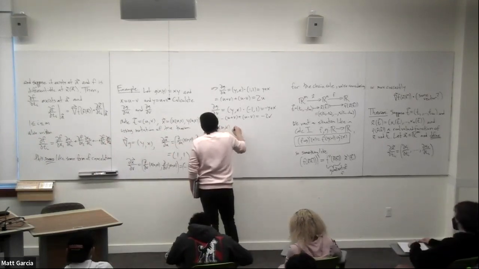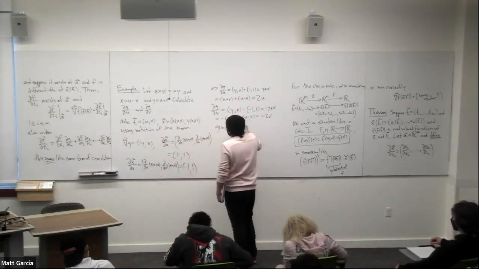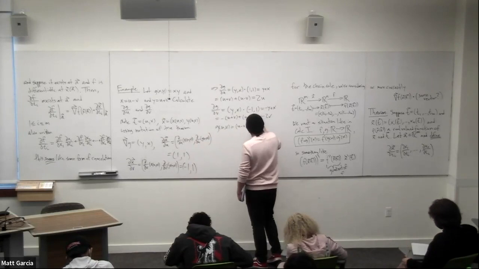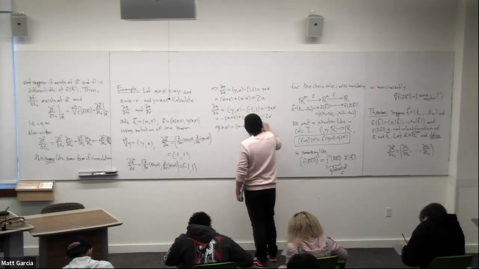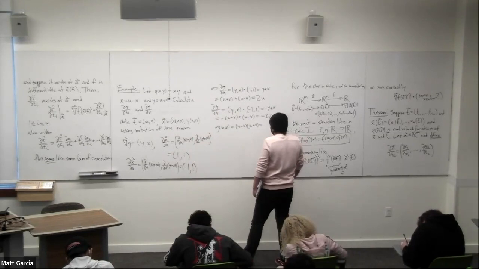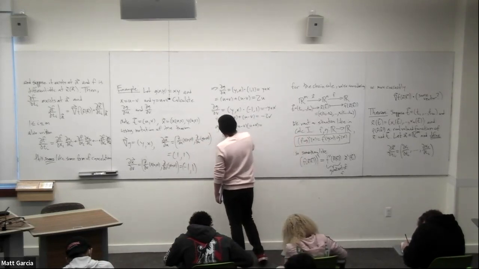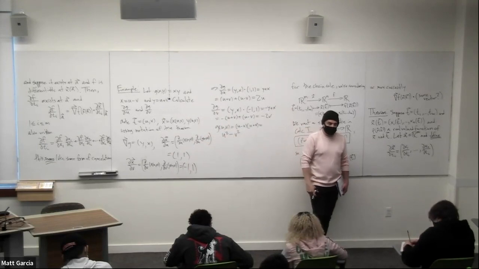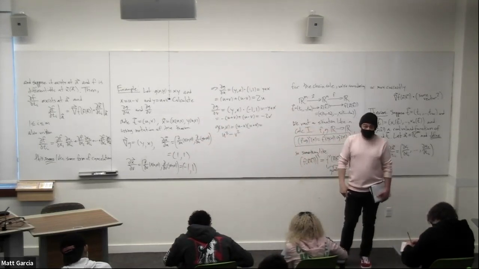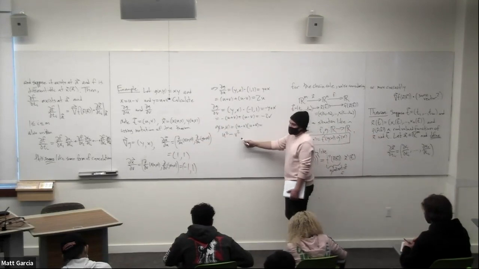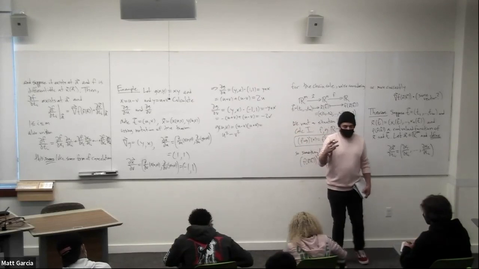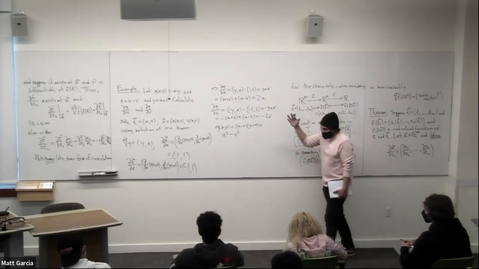So g(u, v) is equal to the expression for x in terms of u and v times the expression for y in terms of u and v, which according to algebra is u squared minus v squared. What's the partial derivative of this with respect to u? 2u. And the partial derivative of this with respect to v? Negative 2v. Okay, so we executed the chain rule correctly.